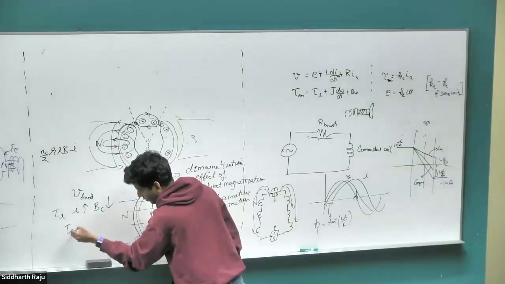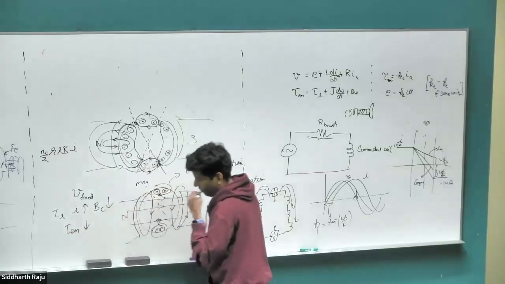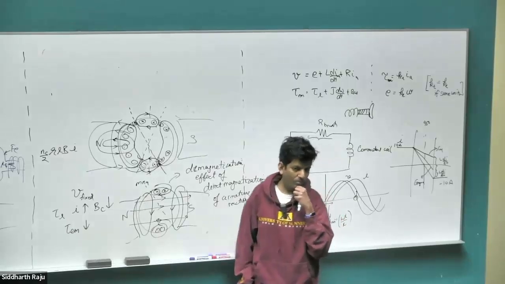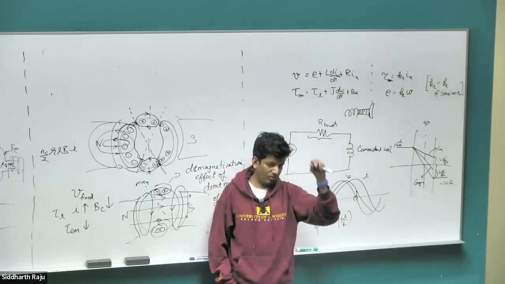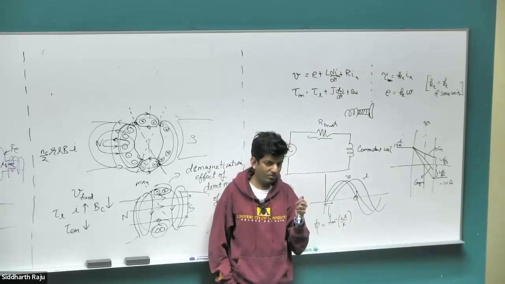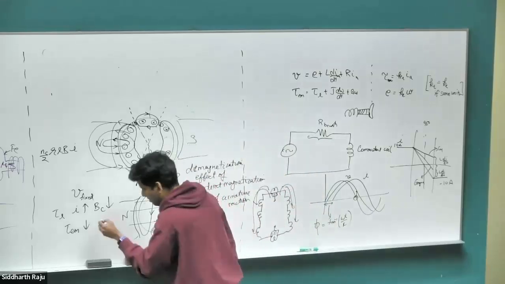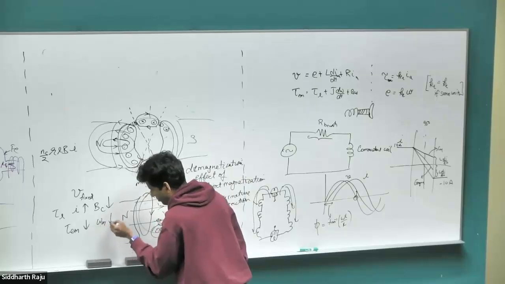So our electromagnetic torque goes down. If our electromagnetic torque goes down, what happens to the speed of the motor? There's some load torque being applied on the motor and your electromagnetic torque is reducing. What is going to happen to the speed? Decrease. So our omega mechanical is going to reduce.